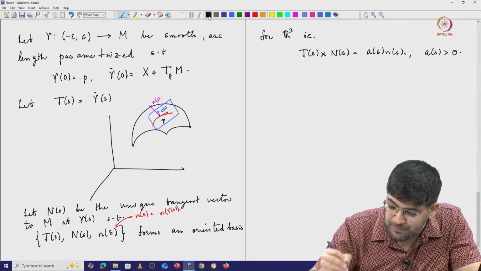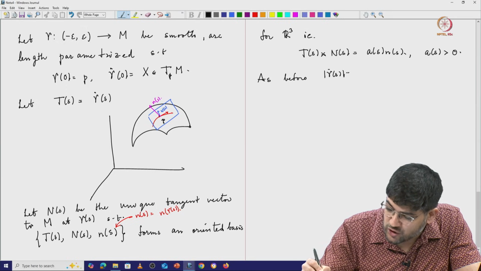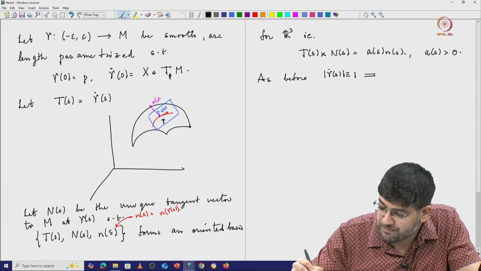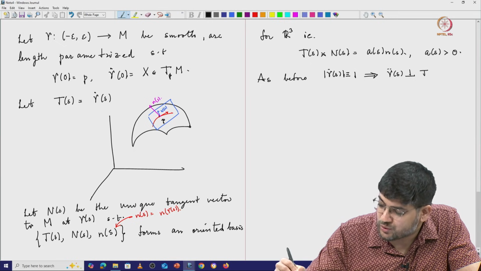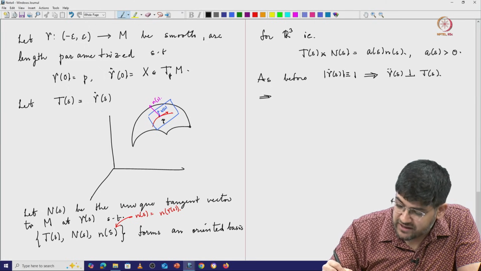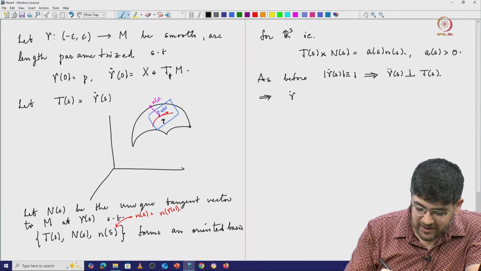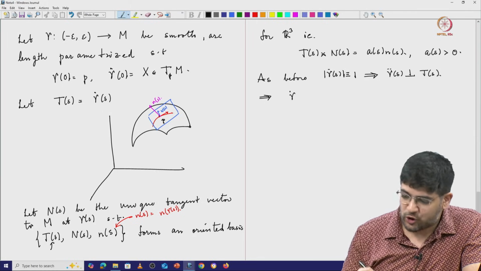So now again, as before, because the speed is constant, this implies that the acceleration vector is perpendicular to the tangent vector, which means that this is a basis of R3. There is no component of the acceleration vector along T of s.